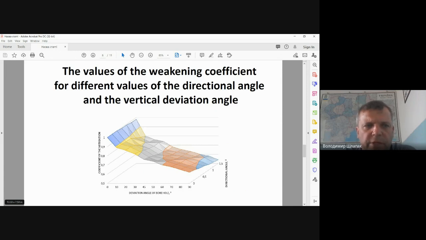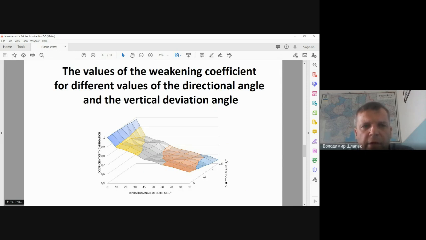As a result of field measurement, experimental values of the reduction and weakened massive coefficient were obtained due to the deviation of holes from the design direction. As a result, the values of the weakened coefficient were determined for different values of the directional angle and the vertical deviation angle.